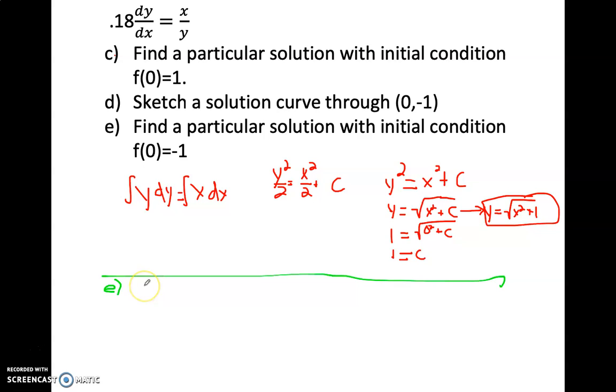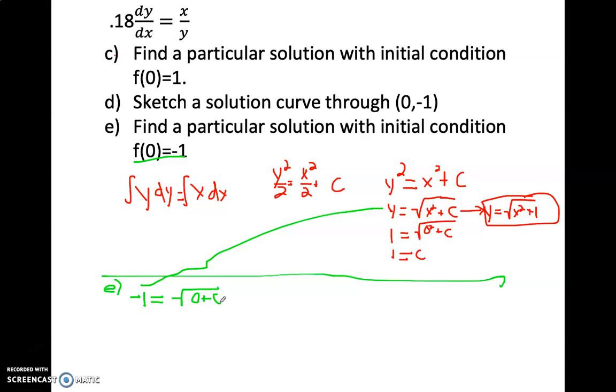So I'm going to start and I'm going to go right back to this point, just to save you the torture of watching me try to write this out. I'm just going to redo that, but this time I'm going to be plugging in a 0 for x and a negative 1 for y. And I'm going to get negative 1 equals the square root of, this would be 0 squared, which is 0, plus c.